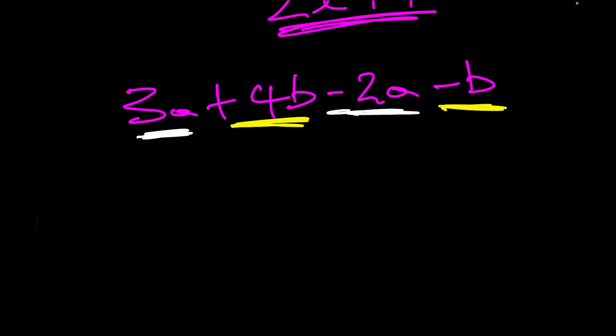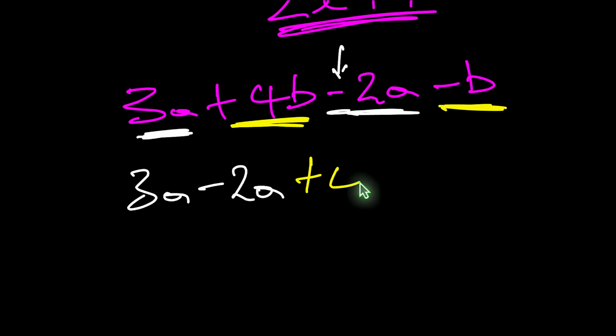So let's put the a's together now. So we will have 3a and that minus 2a. Remember, you have to look at the sign as well. And then with the b's, it's going to be plus 4b and minus b. And all we have to do here now is just to simplify our a's.